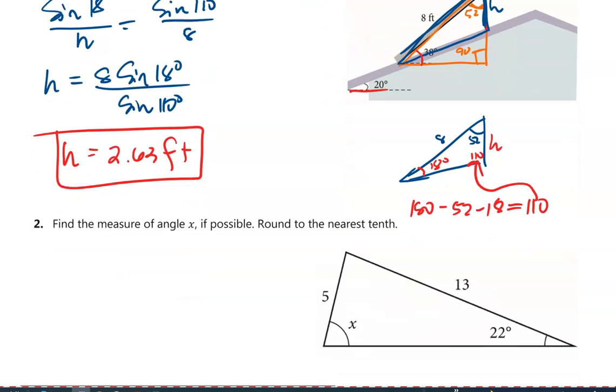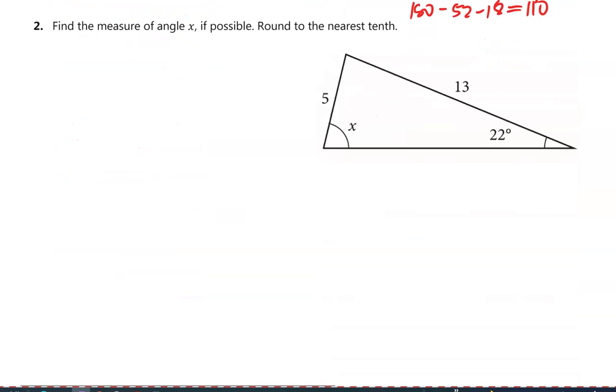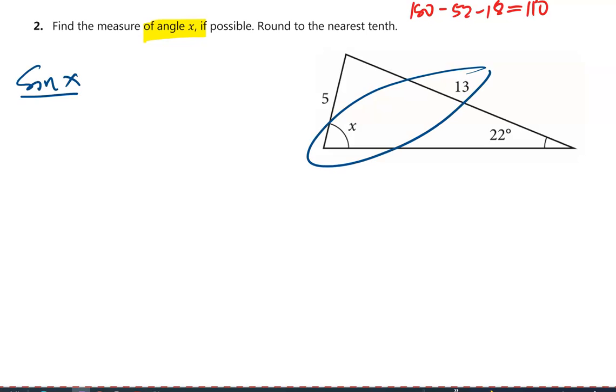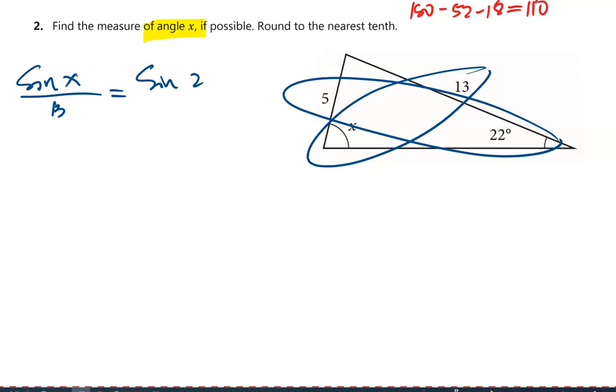Okay, and the last one, example number 2, find the measure of angle x if possible and round to the nearest tenth. So let's use law of sines. So sine x over side 13 is equal to sine of 22 degrees over side length 5. Then we want to isolate x.